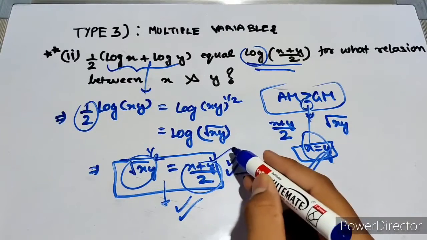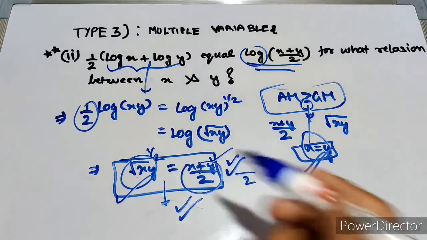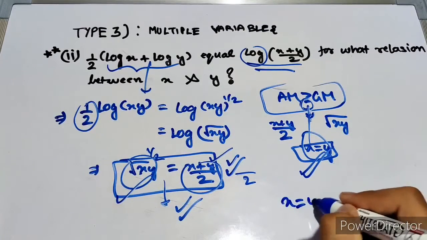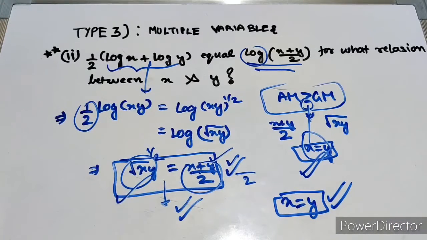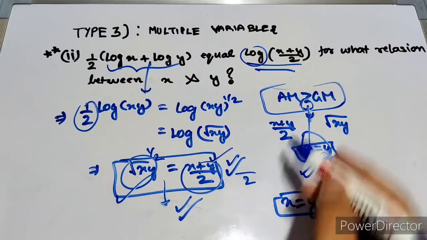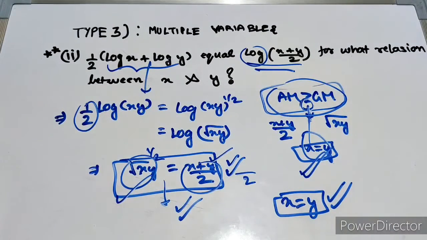This is the average, means this is the AM and this is the GM, and these things are equal when the variables are the same. So the answer is x equals y. So without wasting a single second, we will take the answer and move ahead. While those who don't know this property will first square both things, then a quadratic equation will be made, and it will take a lot of time.